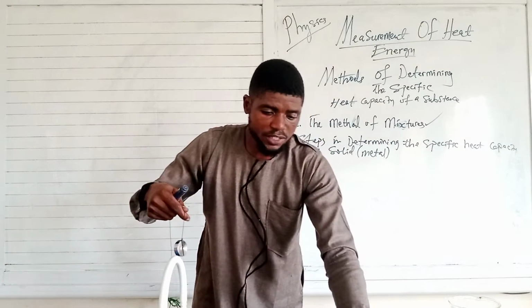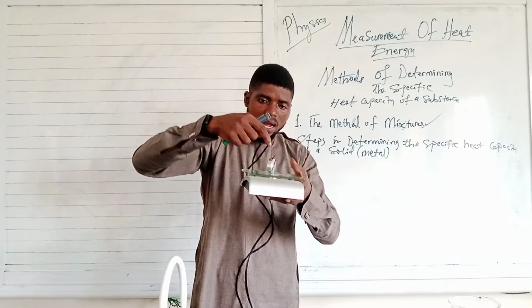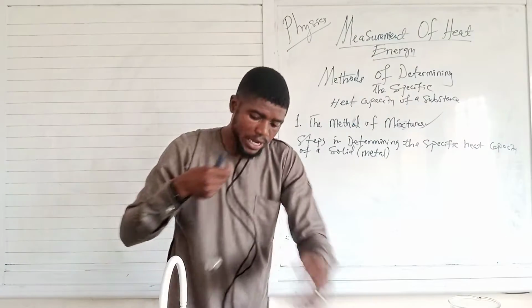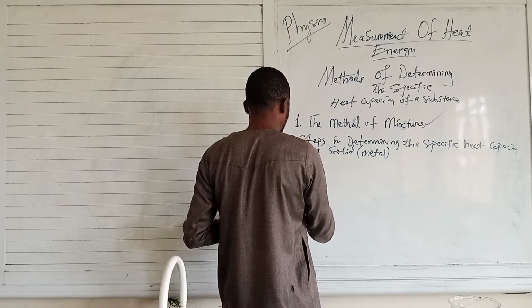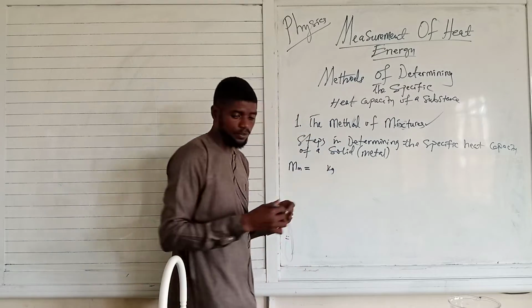First things first, the mass is weighed. The mass of the copper, of the metal, is weighed. That is step one. So we say mass of metal is weighed in kilogram.